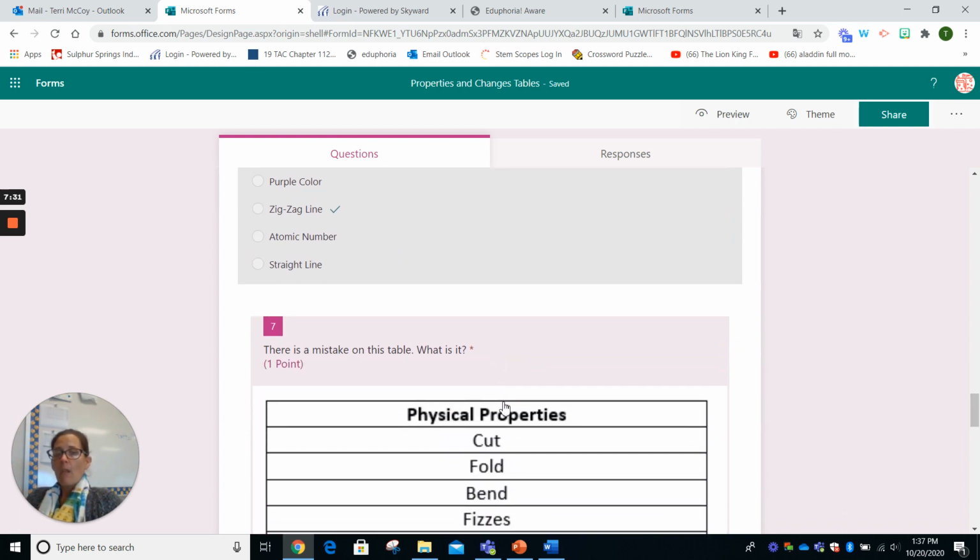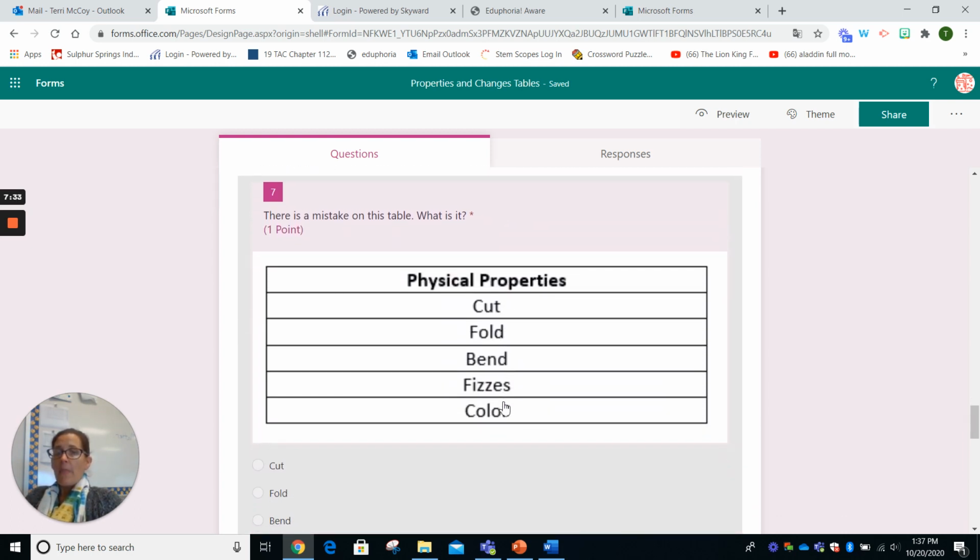Okay. Number 7 says, there's a mistake on this table. What is it? So we have some physical properties here. We've got cut, fold, bend, fizzes, and color. So which of these is not a physical property? Which of these would be more like a chemical property? So if we cut something, it's still a physical property.